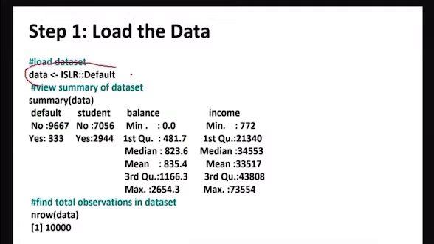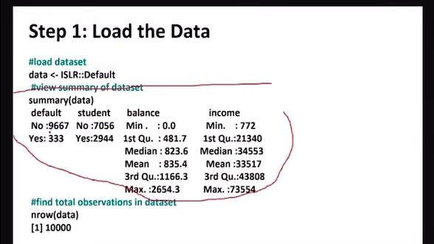Load the package ISLR in R. My TA is going to walk you through all of that. Let us do some descriptive analysis of the data. Let's understand the data set right now. That's what we're doing here. When you do the summary of the data, it tells you about default, which is the response variable.